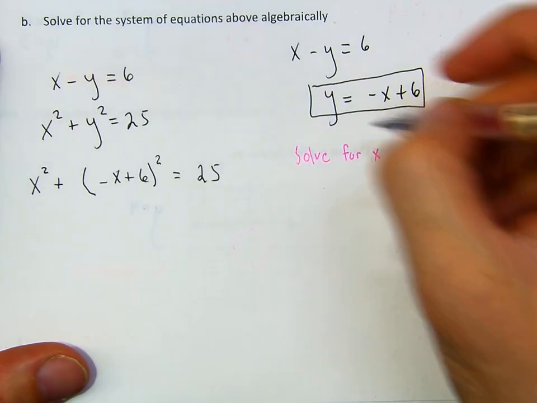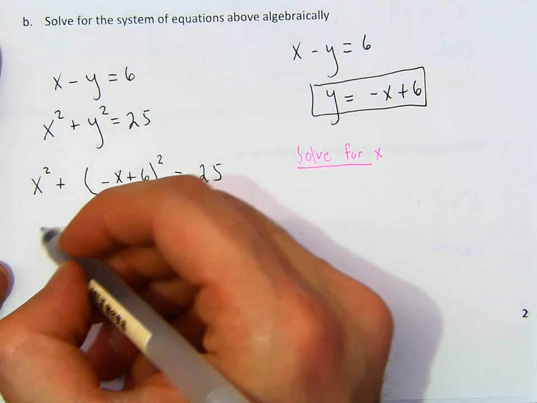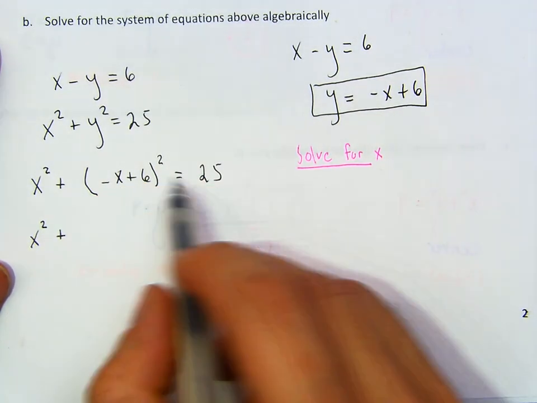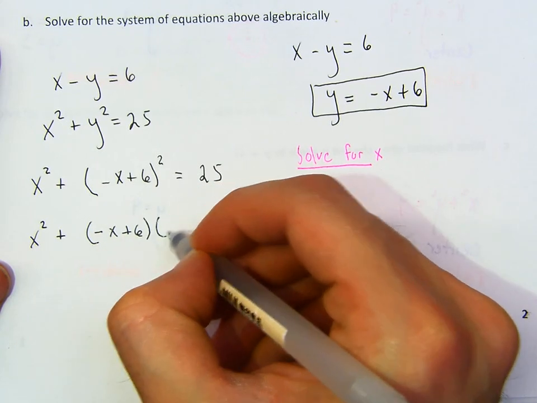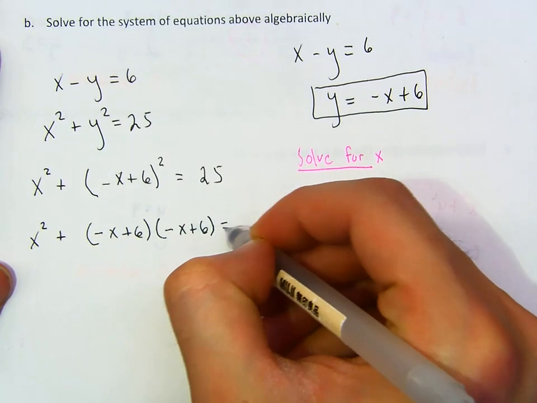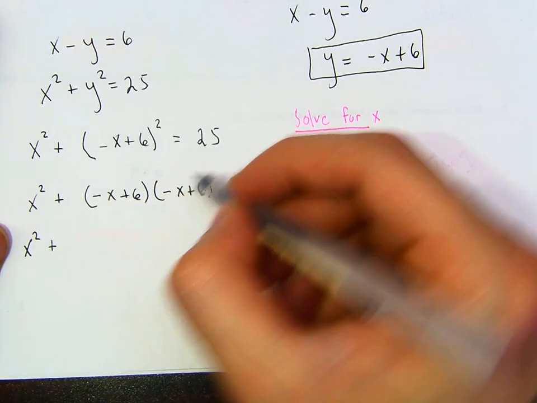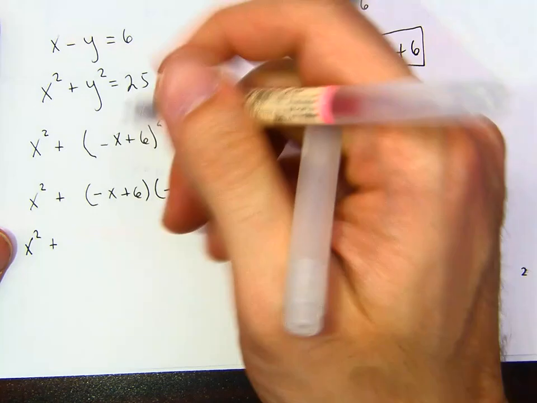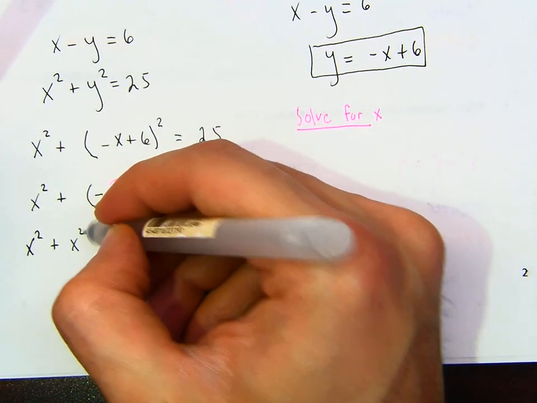All right, let's see what happens. How would you continue this? So this is x squared plus negative x plus 6 squared equals 25. Now you just have to FOIL, right? Negative x times negative x is x squared.